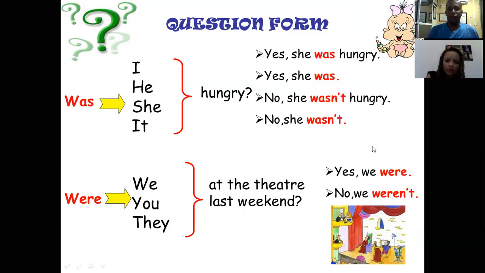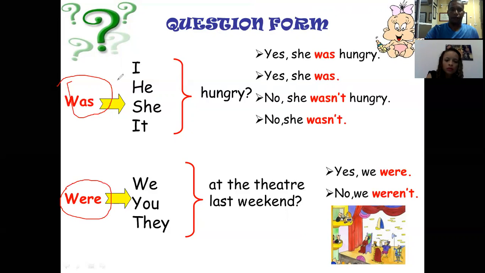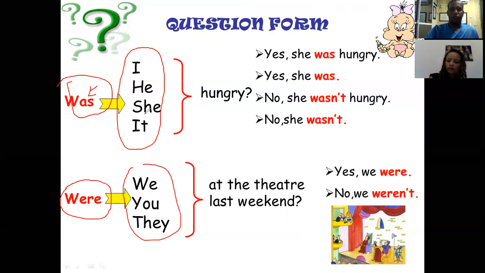Entonces, in the interrogative form, you must write was or were at the beginning of the sentence, okay? Was or were, followed by the personal pronoun of the subject. For I, he, or she, or it, you must use was, and followed by the complement.